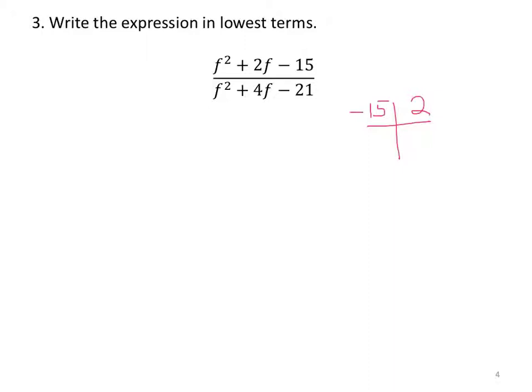Well, the difference of 5 and 3 is 2, and we have to multiply to get a negative number, so one of those numbers is going to be positive, one is going to be negative. If the larger number is positive, then when we add them, we will get a positive, which is what we want. So our 2 numbers are 5 and -3.